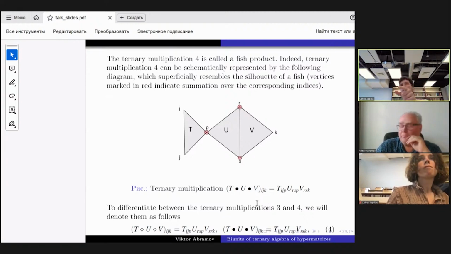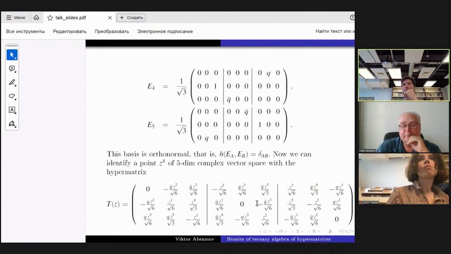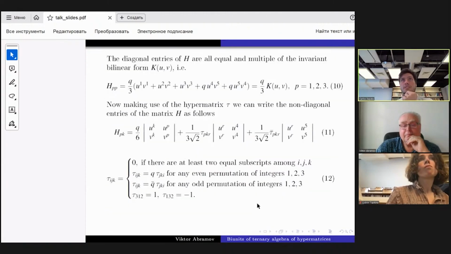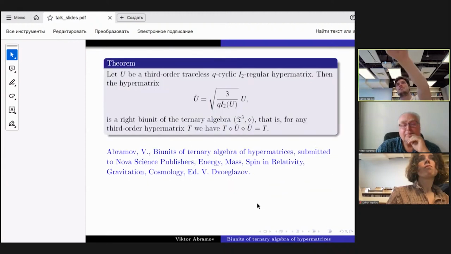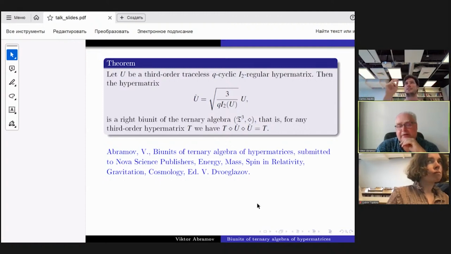When you go to your theorem in the further slides, there in the formula, this idea of a biunit, especially a right biunit.